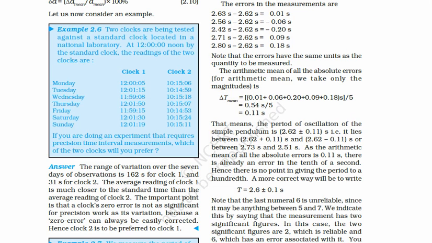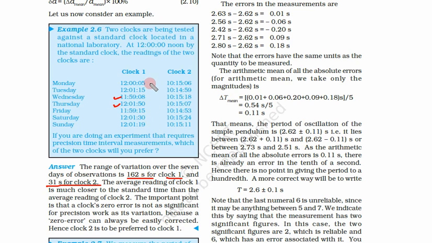There is a third way which this book's author has used. The range of variation over 7 days of observation is 162 seconds for clock 1 and 31 seconds for clock 2. So they checked what the minimum time and the maximum time are. Here you see the minimum time, and at this place you see the maximum time shown by this clock.